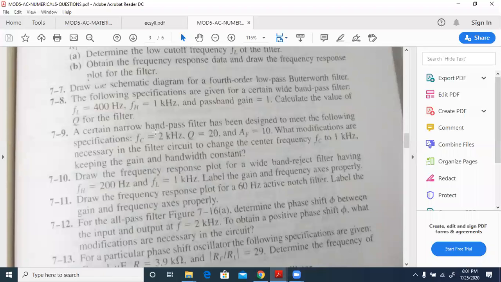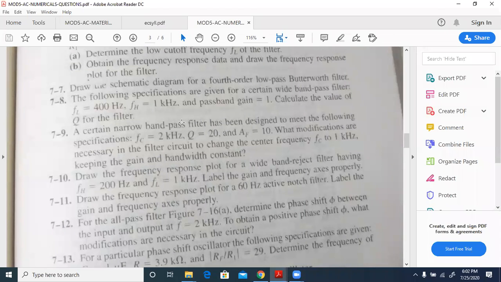But otherwise narrow means the bandwidth might be 2 hertz, 3 hertz, 4 hertz, might be 10 hertz. Here the bandwidth of 400 to 1 kilohertz will give you somewhere around 600, whereas here it might be just 1 to 10 hertz as the bandwidth.